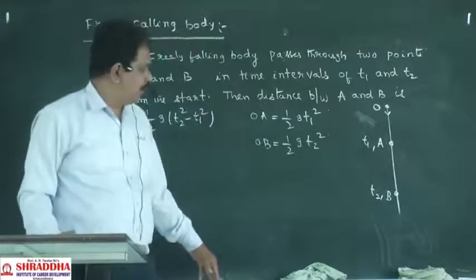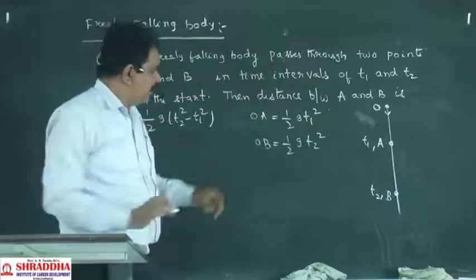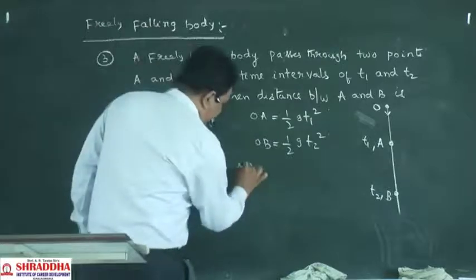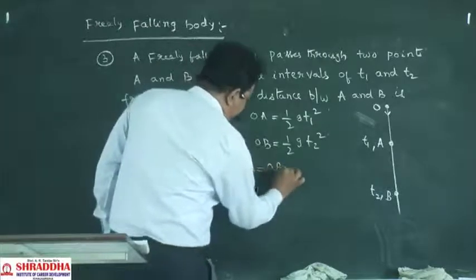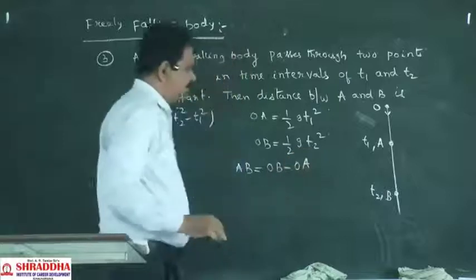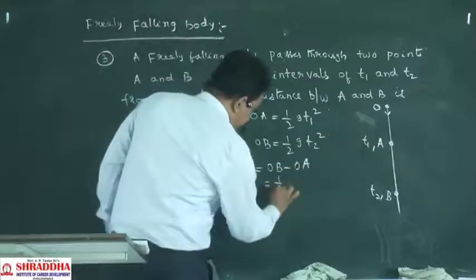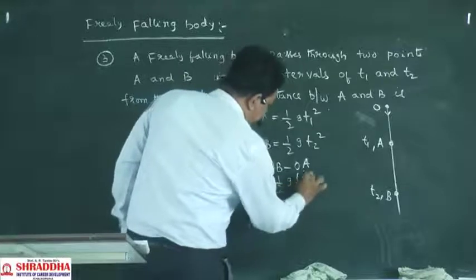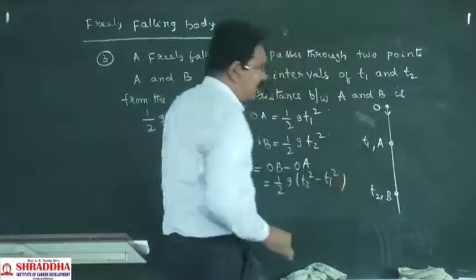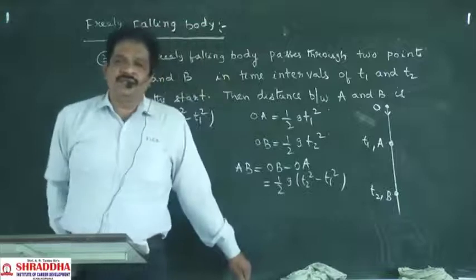Then AB is OB minus OA, which we get as 1 by 2 g into (t2 square minus t1 square).